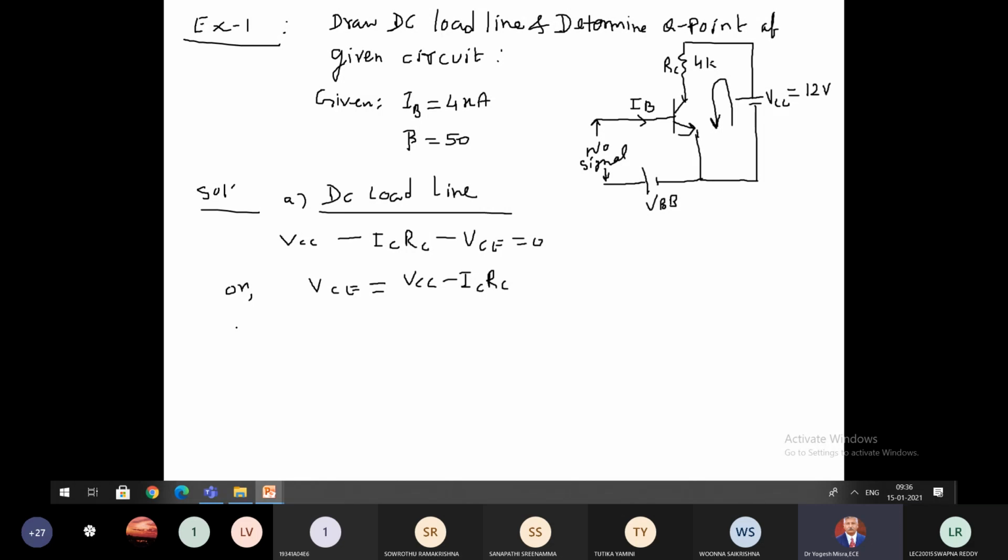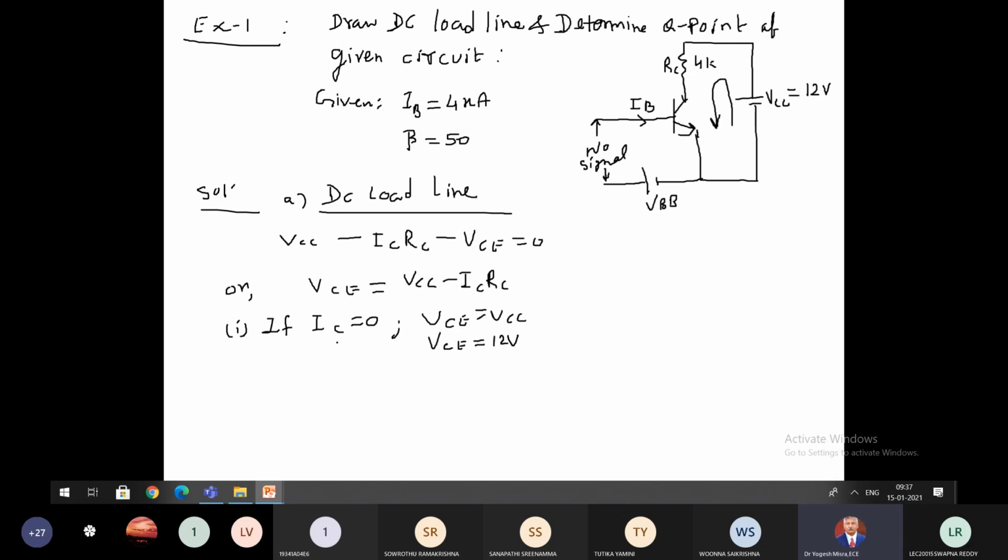So first case, if IC is 0, then VCE will be equal to VCC, or VCE is your 12 volt.